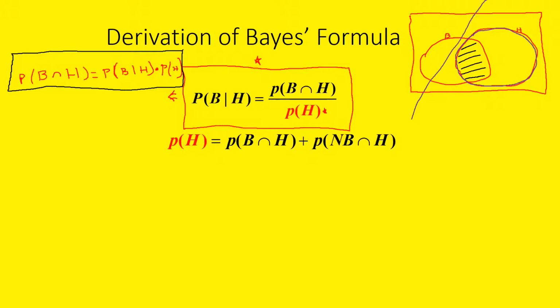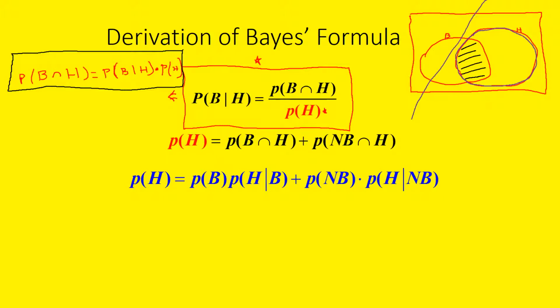Now if you look at the bottom, if you look at the denominator, probability of H, you realize, especially when you think about balding and heart attack, that we're talking about a sum of two probabilities. Because if you're going to have a heart attack, then you're going to be balding or not balding. That's not profound.